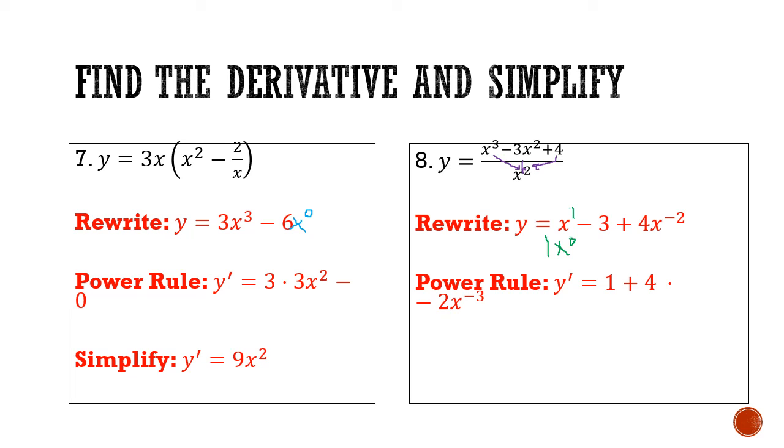X to the 0 is 1, and that's how you get 1 times 1. This didn't quite fit all on one line, but it's 4 times, and then the negative 2 goes to the front, subtract 1 from your exponent. So that's just like the other ones. And then we'll simplify by moving the x to the negative 3 to the denominator. 4 times negative 2 makes this the negative 8. So the derivative of y equals 1 minus 8 over x cubed.